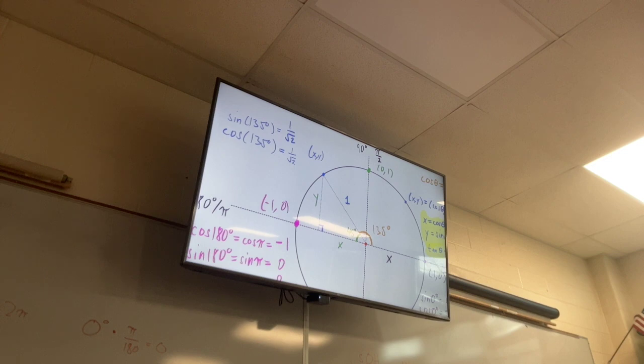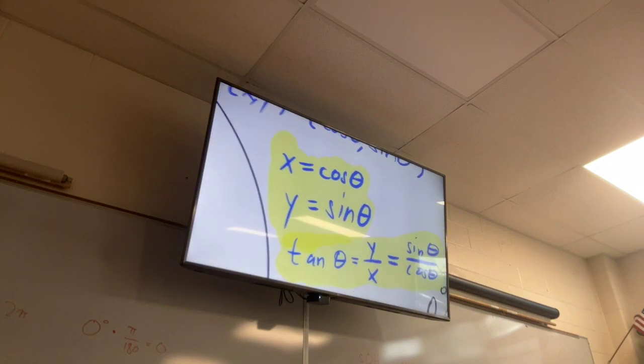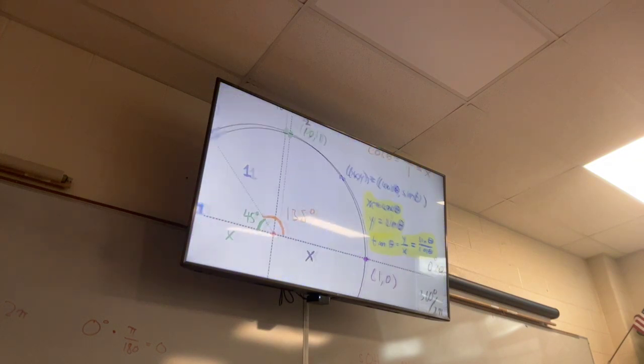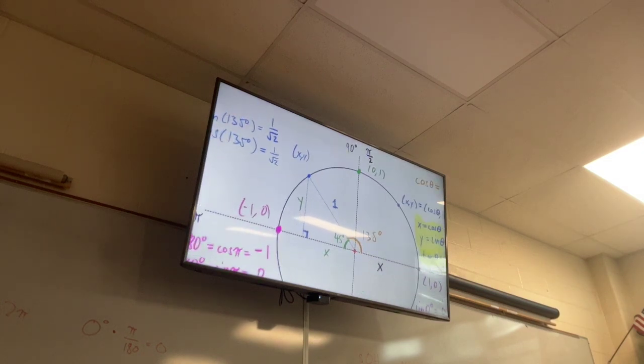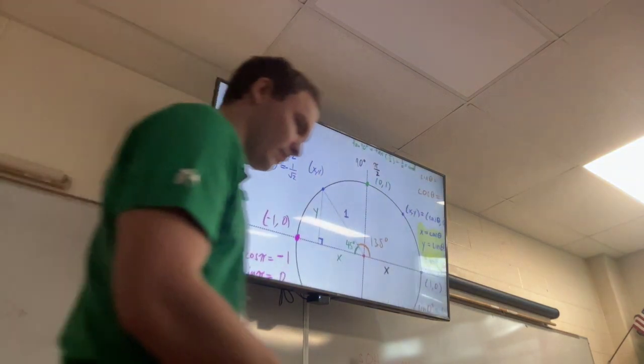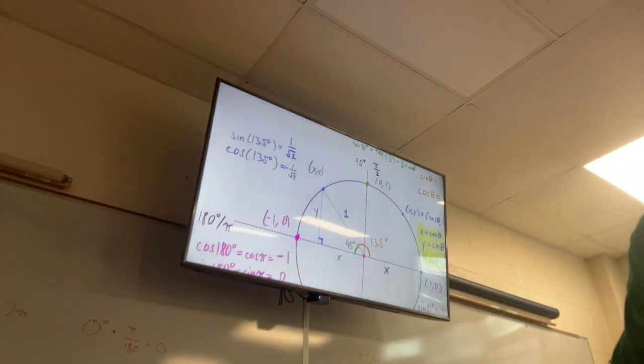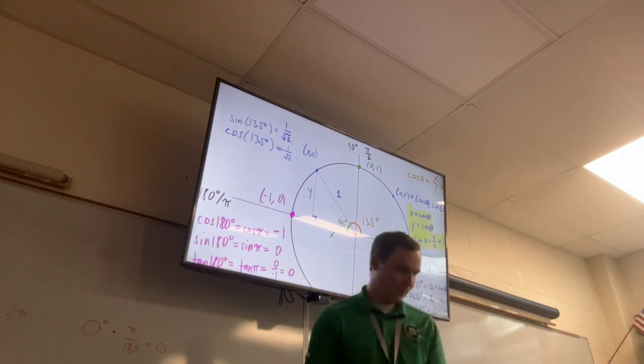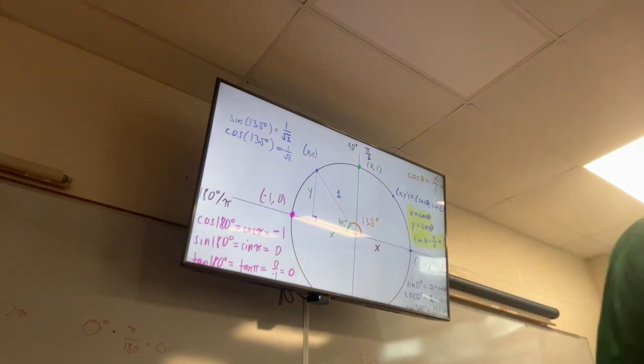But notice, what did we say? The cosine is always equal to the x-coordinate. In quadrant 2, to the left of the origin, is x negative or positive? Negative. So the cosine of 135 degrees is going to be negative 1 over root 2.